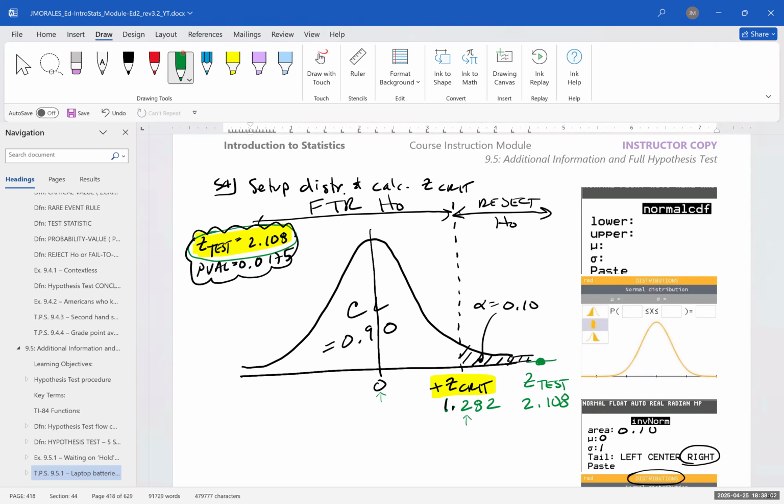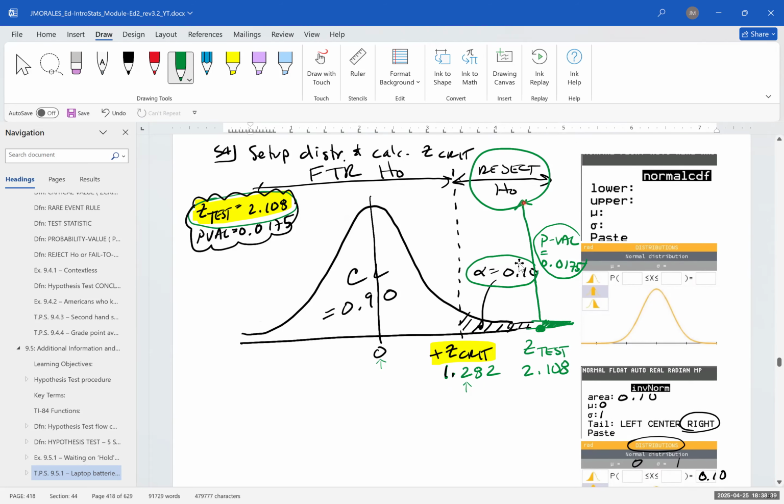It's greater, and because our test statistic is greater, that points to rejecting the null. And the p-value that we calculated is this little area adjacent to our test statistic, 0.0175. If you compare this area to that area, you'll notice that the p-value is smaller.